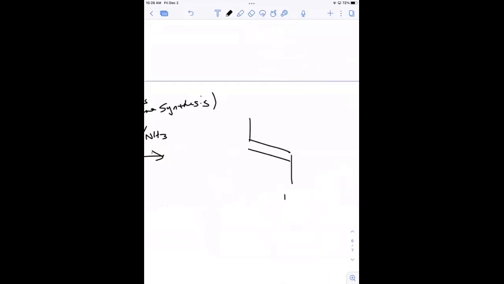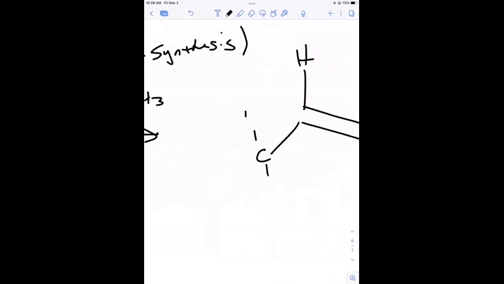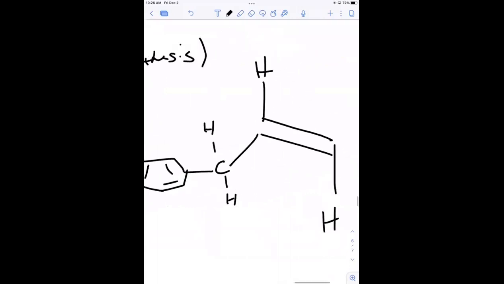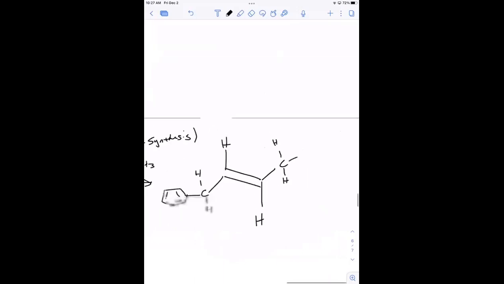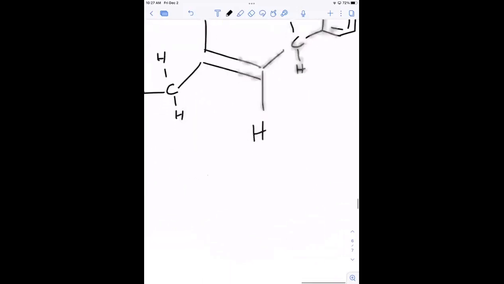I'm going to put the hydrogens in first because that's the easiest thing to do. And then the other side is going to be like so, right? A trans alkene.